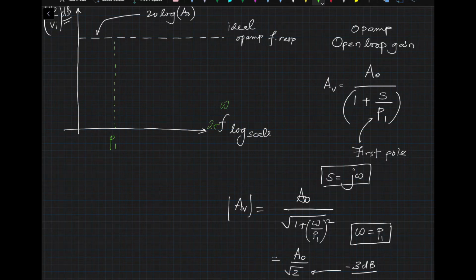So if this is P1, then at this P1 location, we would expect the gain to drop by 3 dB. This is the 3 dB factor. And as we have seen in the Bode plot, we would see the gain drop right here, 3 dB, and then it will continue dropping like this.